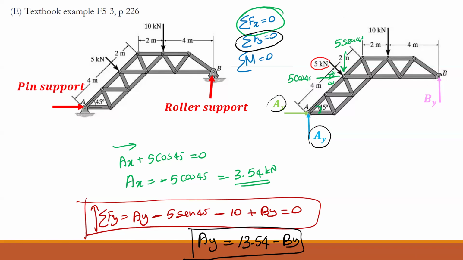Now Ax is going through A and Ay is going through A. If you take the moment about A, counterclockwise positive, is Ay making any moment about A? What is the moment created by Ay? Moment is force times the perpendicular distance.